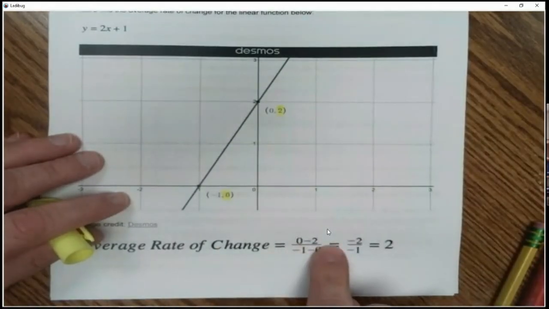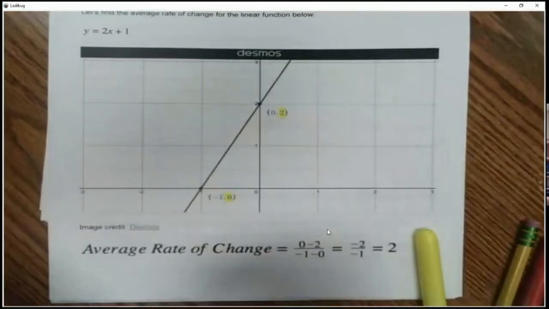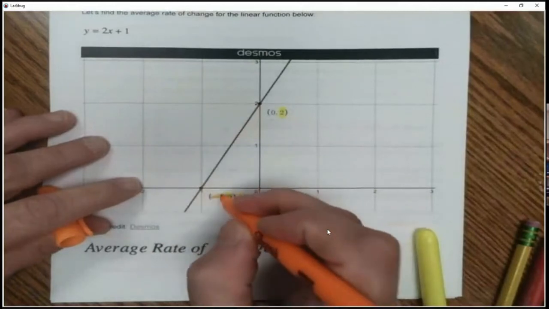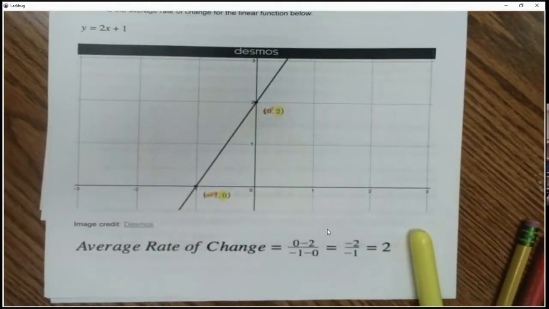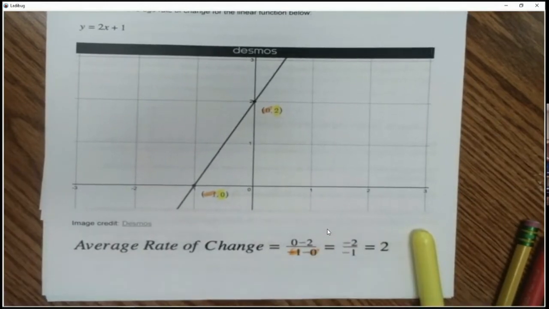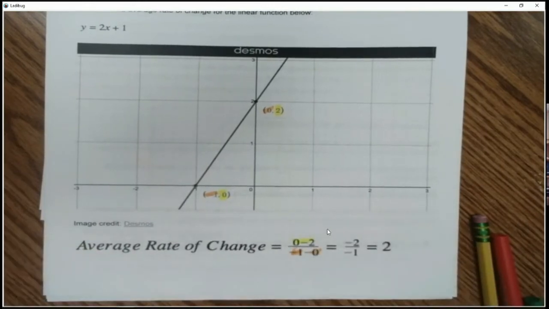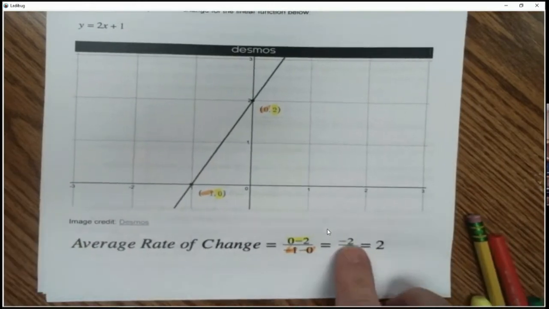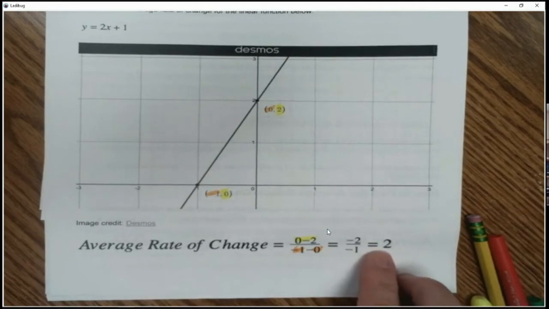So 0 minus 2. And then we subtract our x's. Let's put those in orange. -1 and 0. So -1 minus 0. 0 minus 2 is -2. -1 minus 0 is -1. -2 over -1 simplifies to 2.